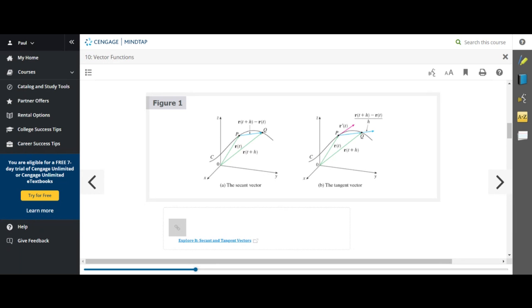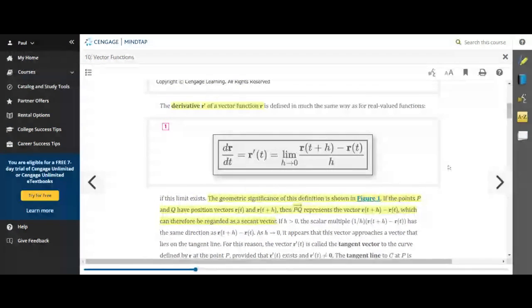Well, how many recall in calculus 1, when you derived your derivative rules, it got a little tedious using this definition, right? The definition for the limit of a quotient to get the derivative got a little tedious, and so you came up with rules. Well, we're going to do the same thing here for the derivative of a vector function. We're going to come up with a rule.